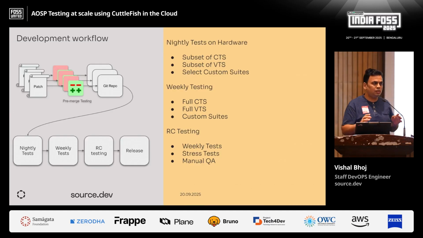To start with, this is the development workflow in general in any company where you're working with Android. First, the developers will write patches, and once they've tested it locally, they will submit it to Gerrit, where you have reviewers reviewing the code and posting comments, as Kavi said in the previous presentation.